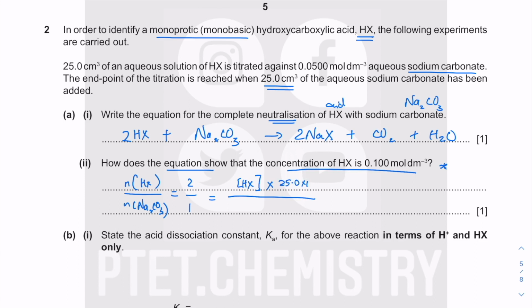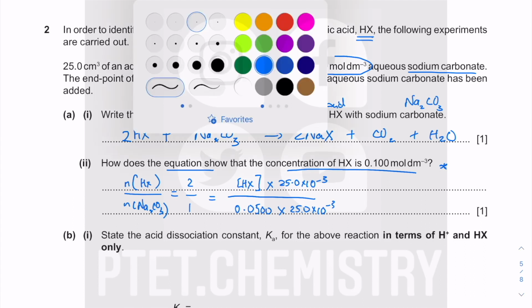So I need to convert that to dm cube because the concentration is in mole per dm cube, times dm cube. This will give me the unit of mole. This is also the unit of mole over mole, the mole ratio. At the bottom bit there, I also have the concentration of sodium carbonate, which is 0.500 mole per dm cube, given here, and I also have the volume of the sodium carbonate used, 25.0 cm cube, converted to dm cube by multiplying by 10 to the minus 3.